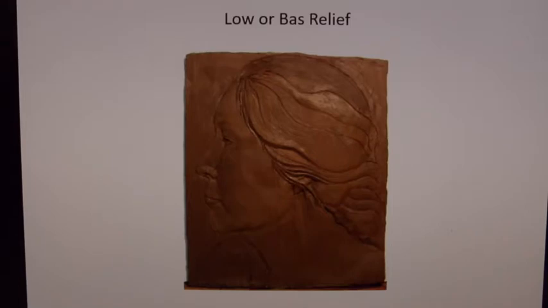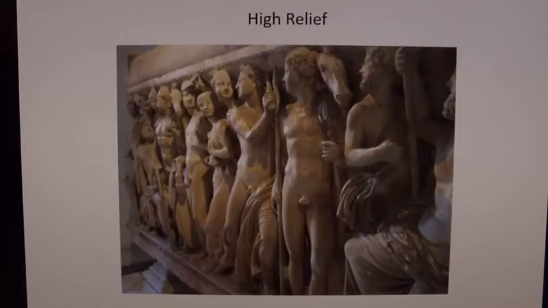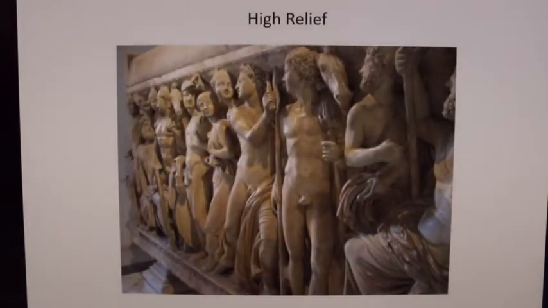Think of the image on a coin, those of you who still know what money is. And also there is high relief. In high relief work, the images project out more dramatically from the background, and the use of shadows and things like that comes more into play. So these are your two basic ways to create a piece of sculpture.